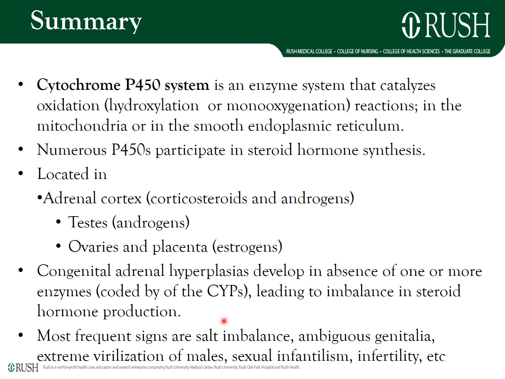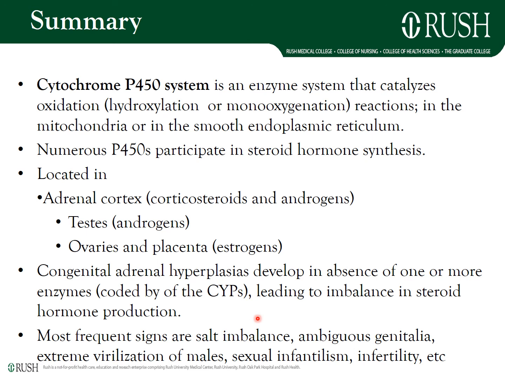Congenital adrenal hyperplasias were the focus of this very short lecture: the absence of one or more enzymes. These are coded by CYPs, and it usually leads to imbalance in steroid hormone production, depending on which enzyme is missing, which gene is mutated.